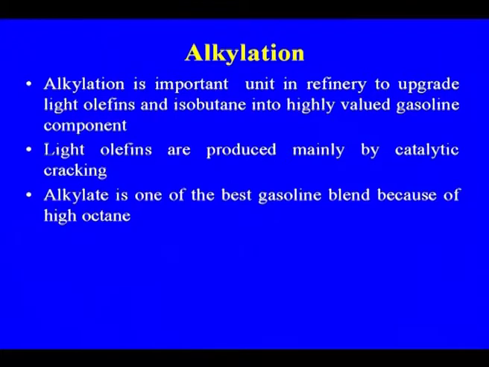So in the future refinery, we cannot depend totally on crude oil distillation, or only on catalytic cracking or catalytic reforming, but the gasoline pool will be a blend of the various high octane gasolines which we get from the various conversion processes.